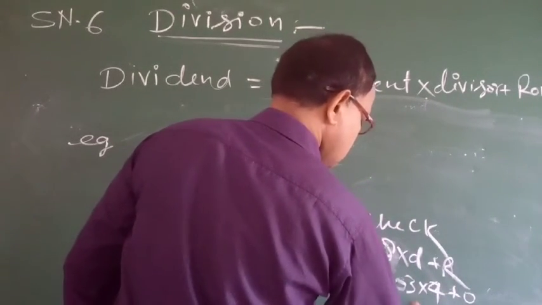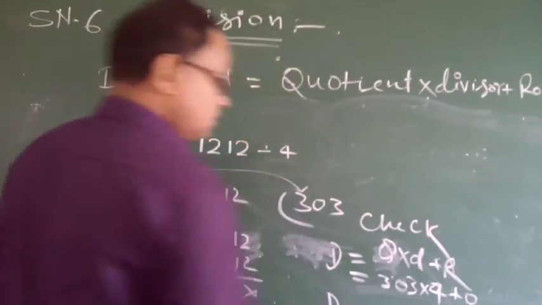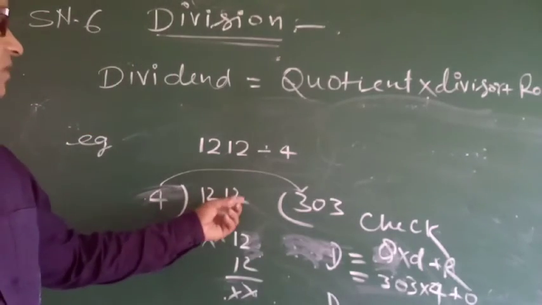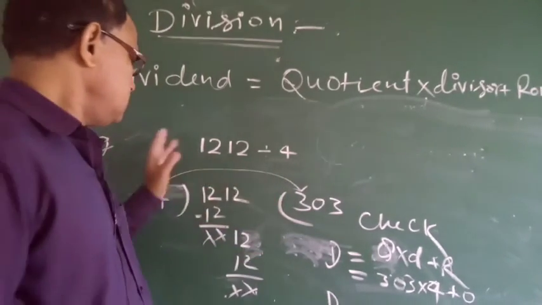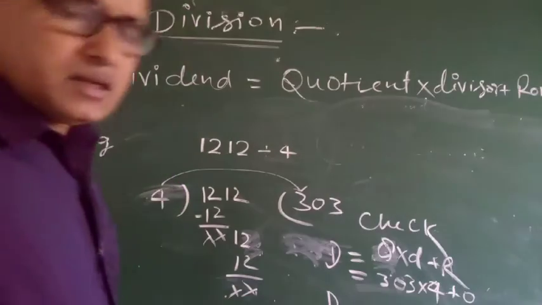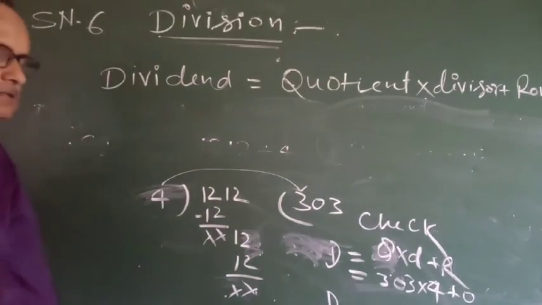Okay, we get the dividend 1212, then division is correct. Okay then, next, these types of questions you can solve on this basis.